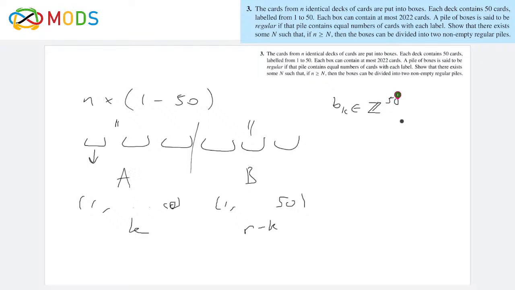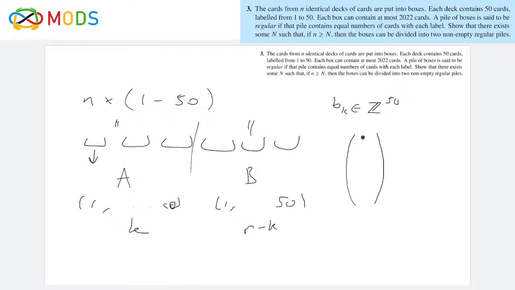For those viewers that don't understand vector spaces or what we were just talking about, basically our idea right now is you take each box and you represent the number of cards of each number by drawing a column vector where the first entry is the number of cards of 1 and the second entry is the number of cards of 2.